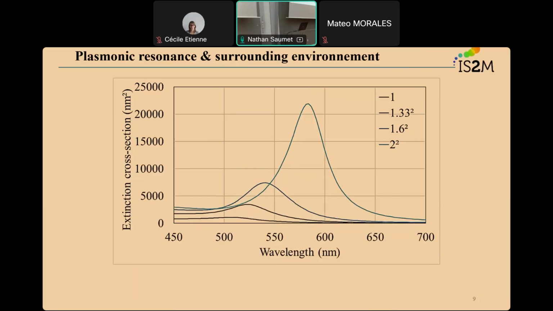And it shifts to the red when we increase the refractive index. And this is interesting for sensing. It's able to detect any refractive index change at the nanometer scale. And we also have an increase of the extinction here.